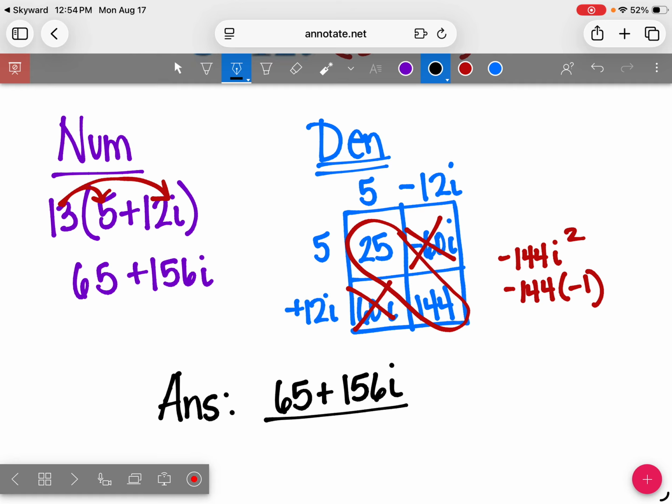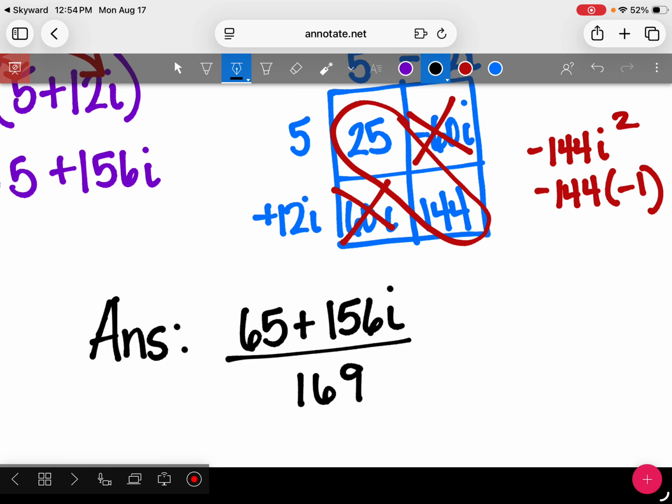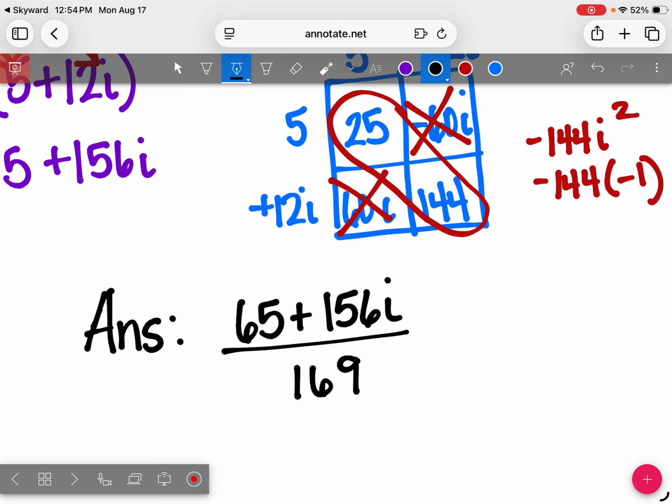And I think that's, what is that? 169? All right, this is good. This is a really good answer. I'm proud of you, but I'm still taking off a half point. Why am I taking off a half point? I can divide those three numbers. What number goes into all three of those numbers? 3.